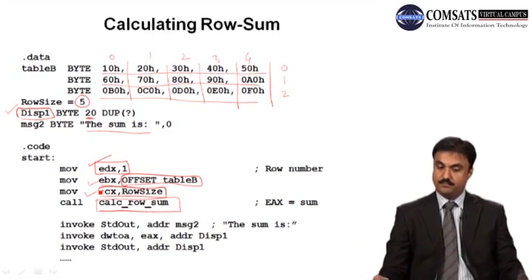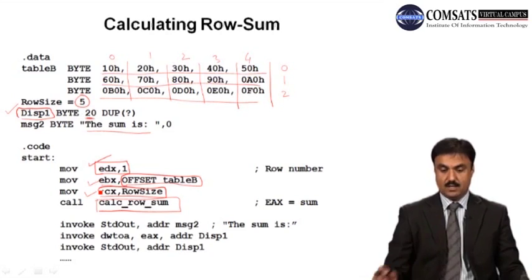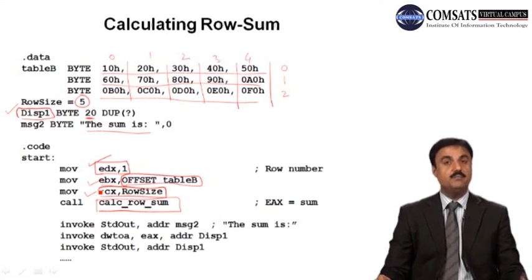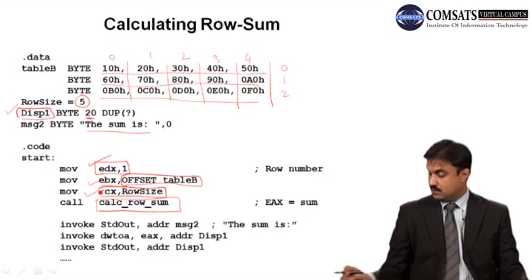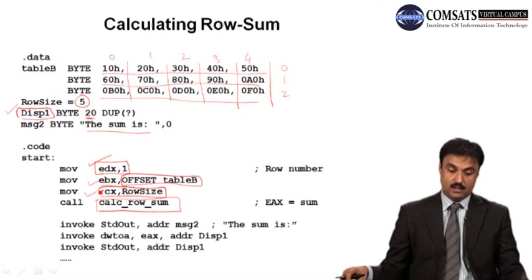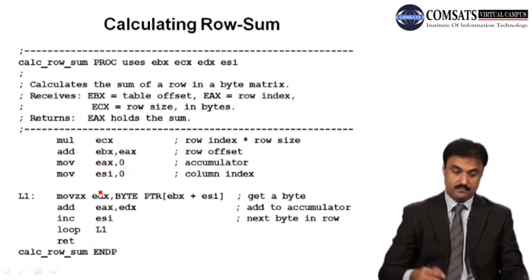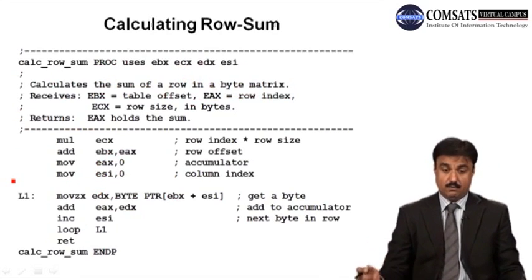We know that we can use all these 3 registers, and EAX will have the sum. So we'll see what is inside the calculate row sum procedure.